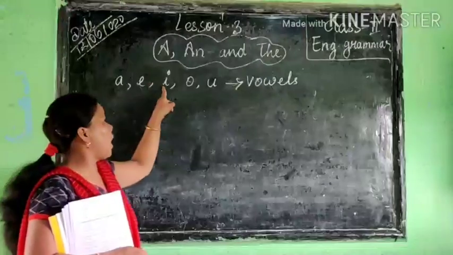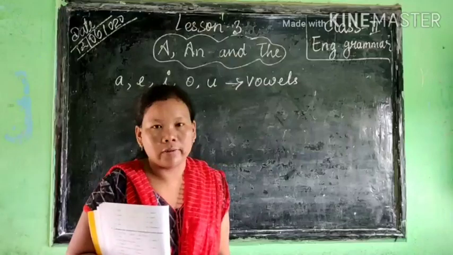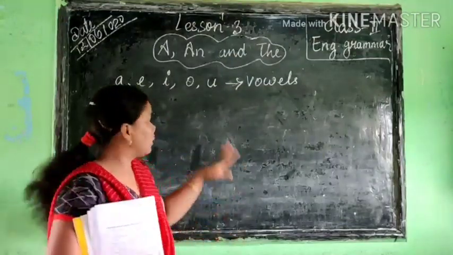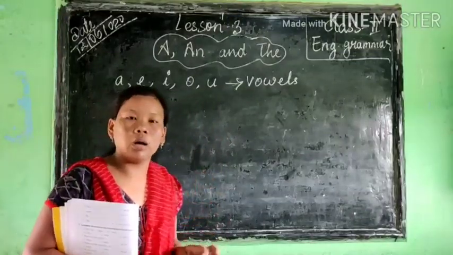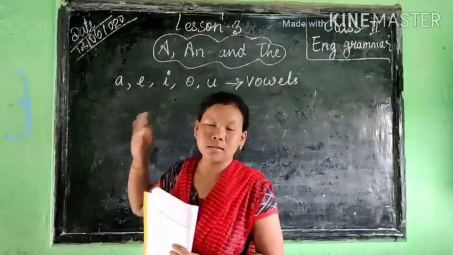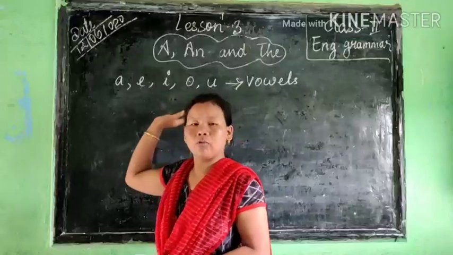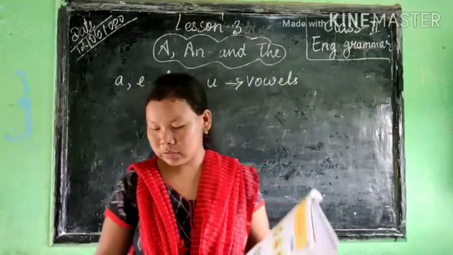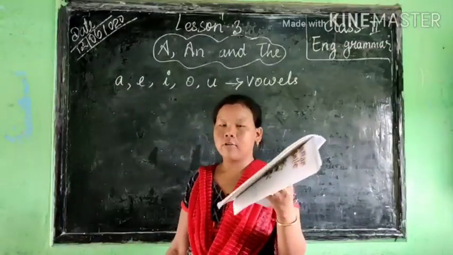A, E, I, O, U. These letters we call vowels. So now the rest of the letters are there, right? So many letters are left, so these letters we call consonants. जो बाकी बचा हुआ है letters उसको हम लोग क्या कहते हैं? Consonant. Okay, these letters are called vowels and the rest of the letters we call consonants. So now all the other letters are called consonants.